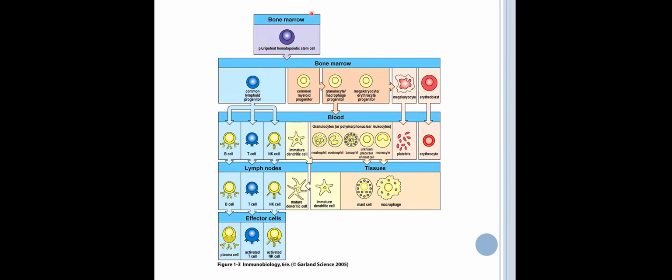So you have a cell in your bone marrow that can give rise to all of your adaptive immune cells, including your B cells and T cells, and then all of your other innate immune cells in the blood, including actually your red blood cells, and then your macrophages and dendritic cells and granulocytes. And so all of this is part of the same system, all from the same progenitor, and all can be damaged by any kind of insult to the bone marrow.